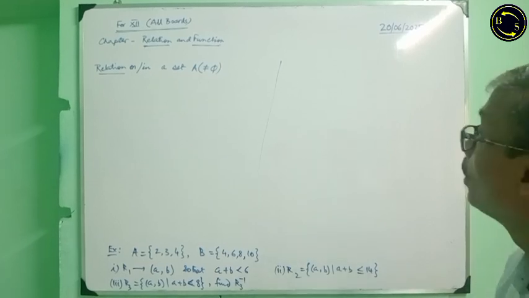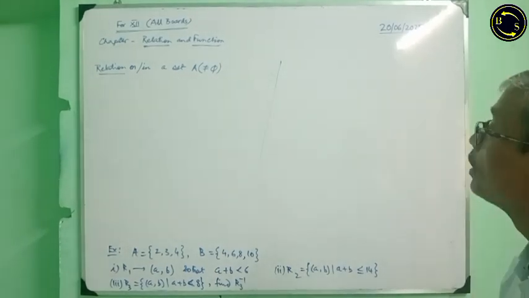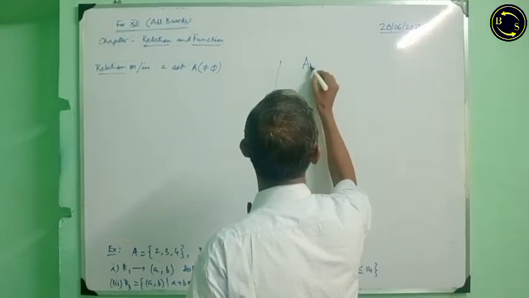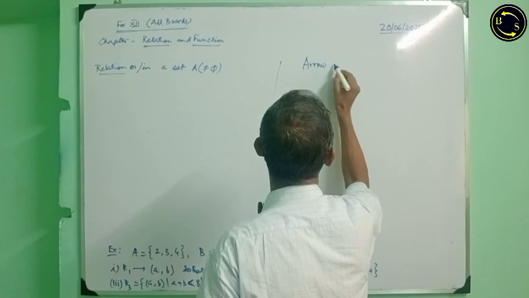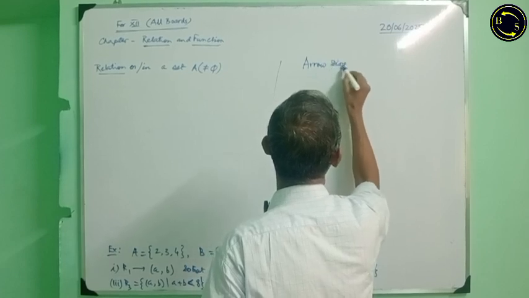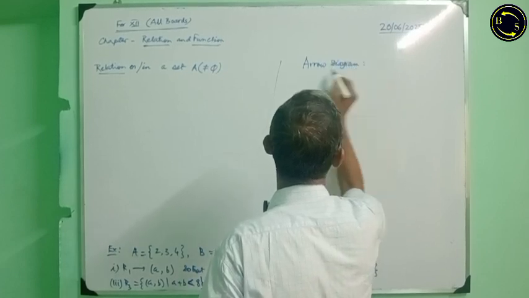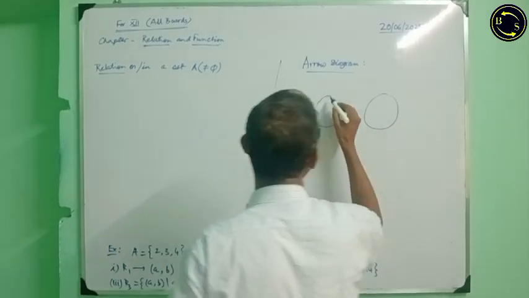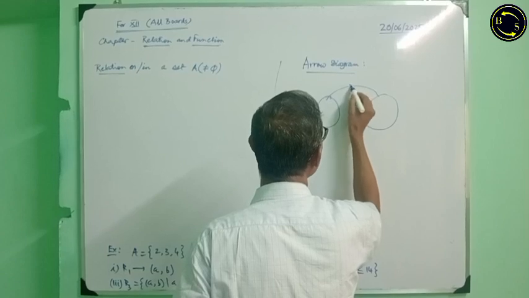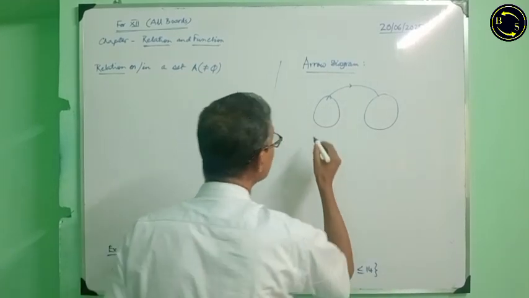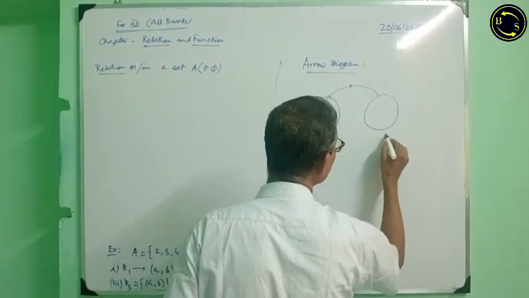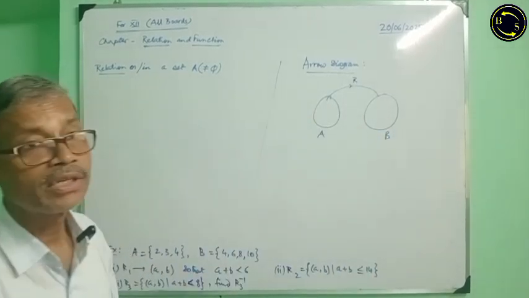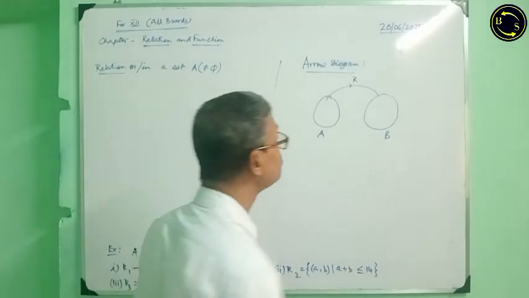One thing I forgot to mention, relation from set A to set B. In that case, we use an arrow diagram. If we define a relation from set A to set B, then it is represented by such a diagram.